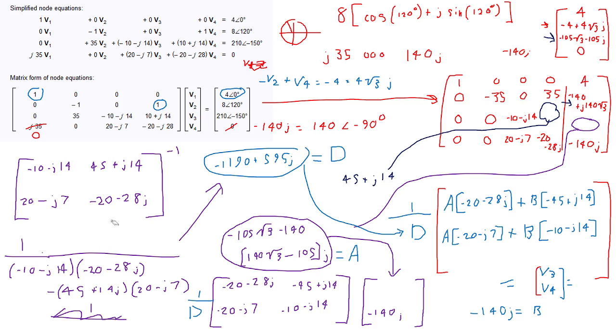Algebra mistake here. When I wrote down the matrix that I needed to invert, I inverted the real part and then I forgot to invert the imaginary part. So I need to change the signs. The negative of 20 minus J7 is negative 20 plus J7. And if I negate 45 plus J14, it has to be minus 45 minus J14.